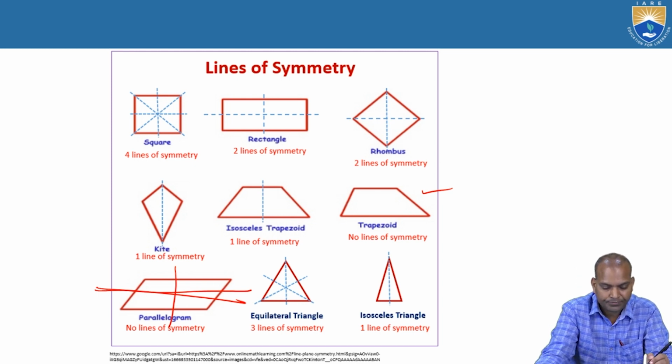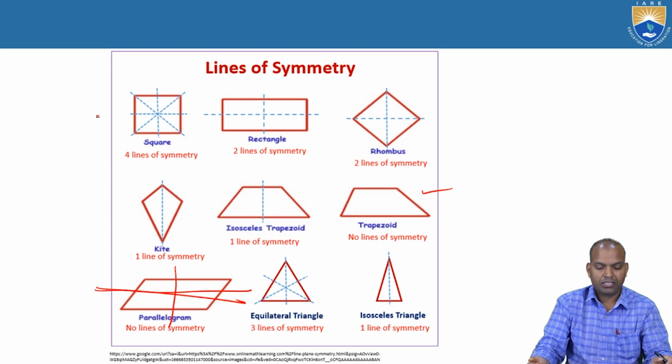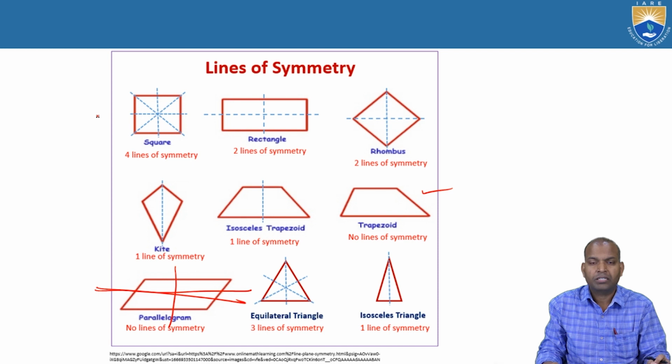The point is that here we have seen single lines of symmetry, 4 lines of symmetry, and unsymmetrical sections, with no symmetry about any axis or line, neither vertical nor horizontal. So these are the concepts we have studied: what is symmetry, what is centroid, what is the difference in definition or concept between center of gravity, centroid and center of mass, and how to calculate centroids of simple plane figures.